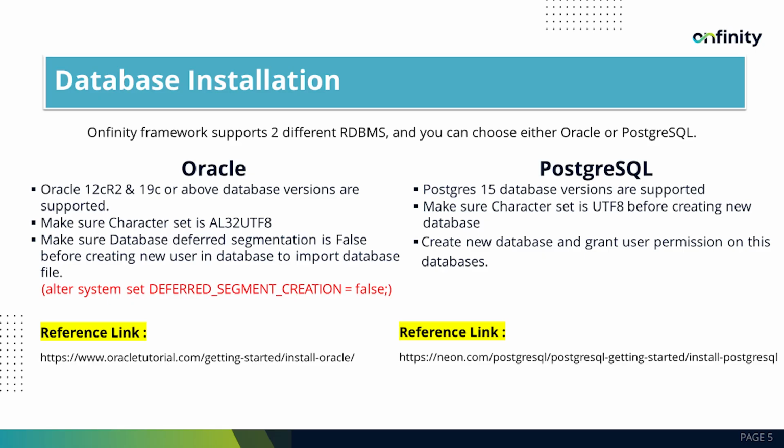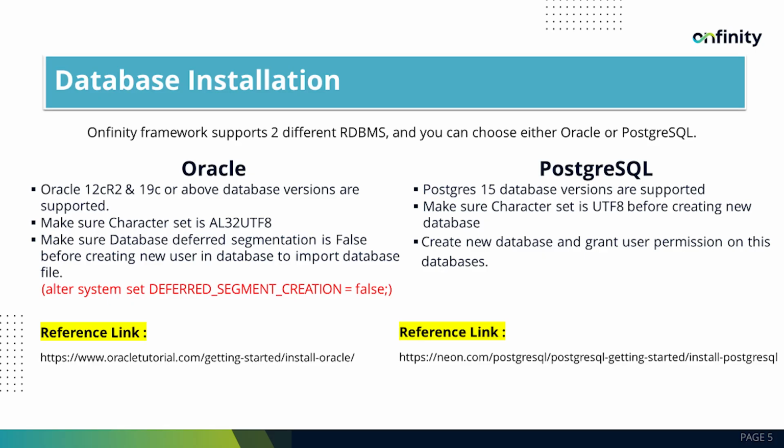If you need detailed steps for installing Oracle, you can refer to the official installation guide provided in the reference link. Now let us look at the PostgreSQL requirements. Onfinity supports PostgreSQL version 15. Before creating the database, make sure the character set is configured as UTF-8.